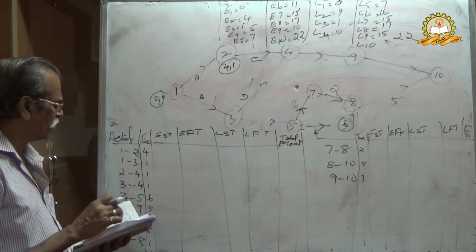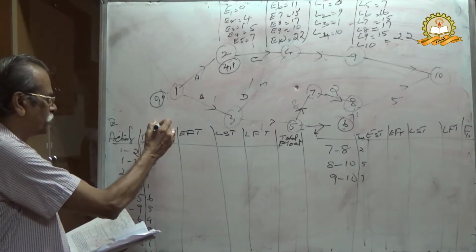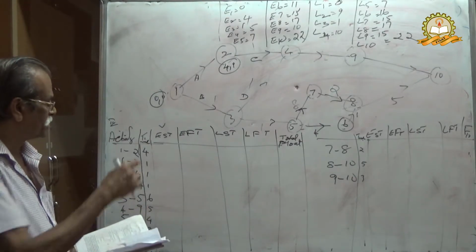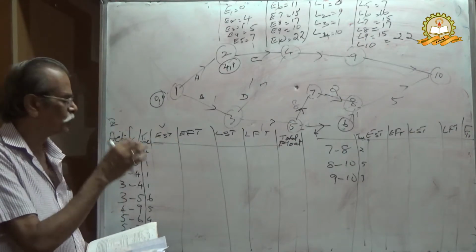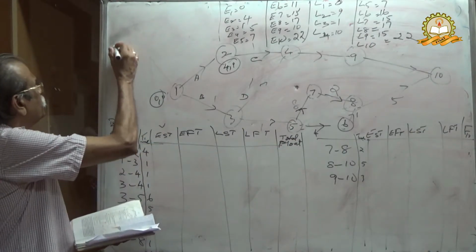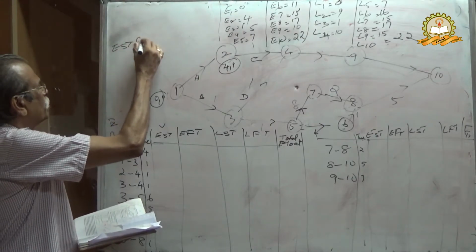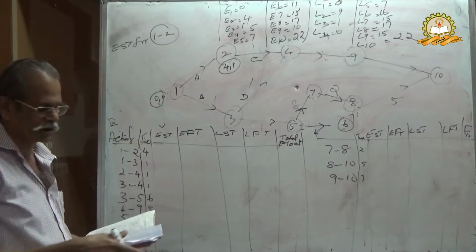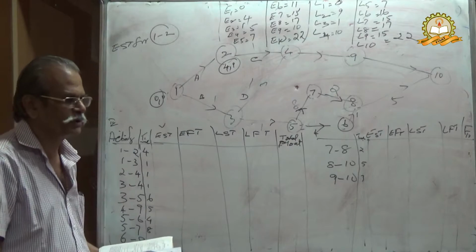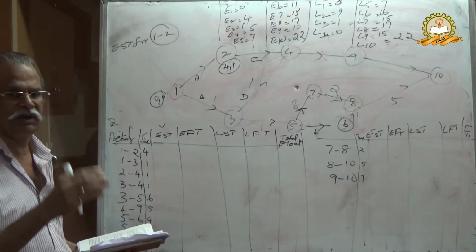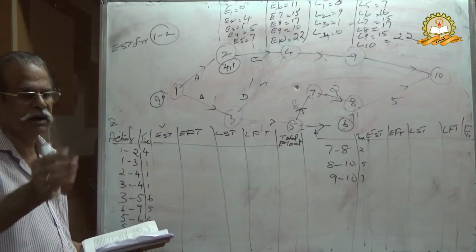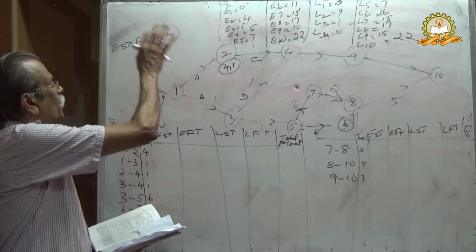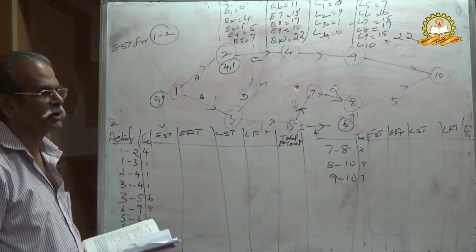Then, to fill the EST column, that is EST for the 1 to 2 activity. EST means early start time.